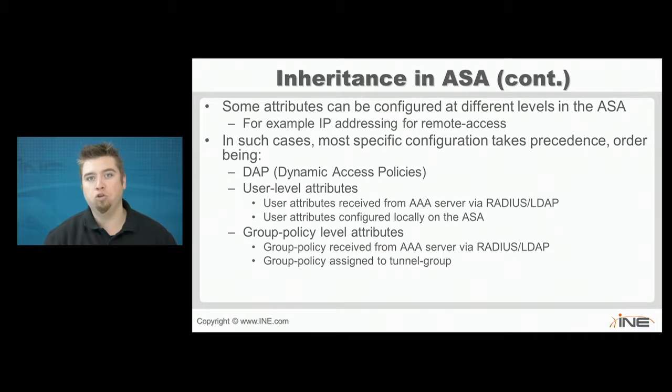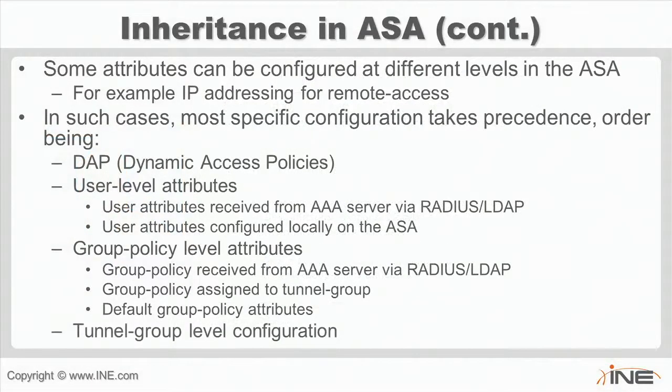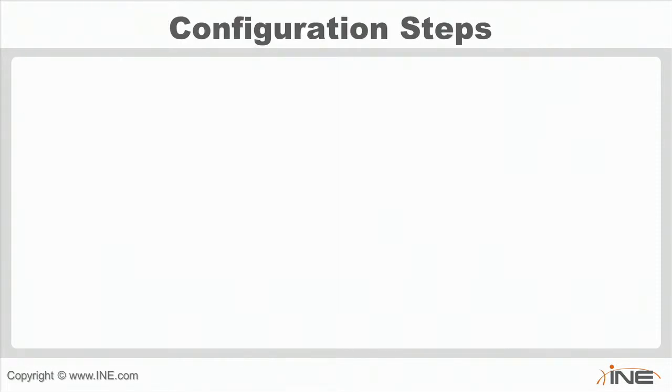You want to make sure that you don't have to configure all of this stuff locally on all of the boxes. So pretty much all of these options, either in the tunnel group or in the group policy, you can get from the AAA server. Okay, then lastly, you go down to the tunnel group level.